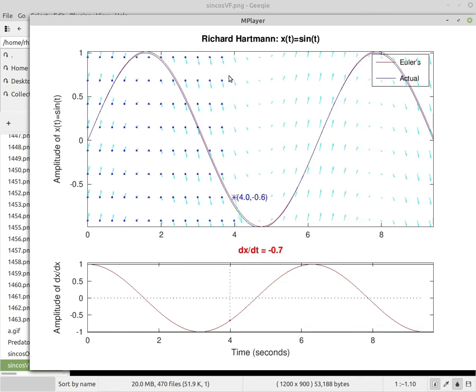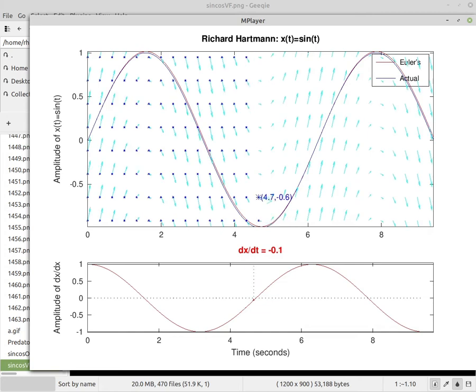So the arrow that you see there is calculating how fast the system is changing. Right now it's changing pretty fast, so it's a pretty big arrow, pointing fairly well straight down. But right now you notice that the arrow is almost horizontal, because we've almost reached the point where we're going to start going positive.